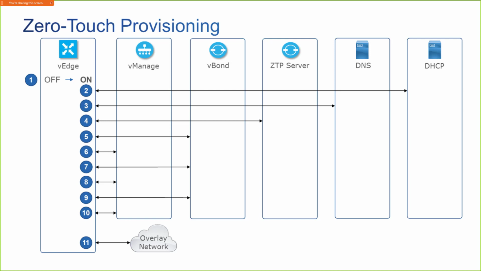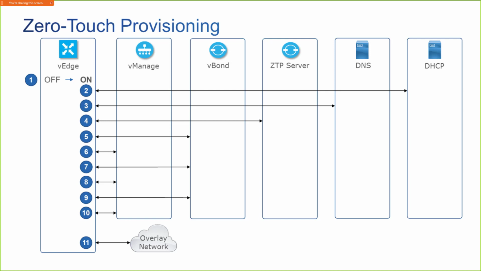All right. So we have two ways that we can provision a vEdge device. What we're talking about in this case is the first option, which is zero-touch provisioning. That's basically a day zero automated ZTP process that gives us a way to discover, install, and provision those vEdge devices into the overlay network.